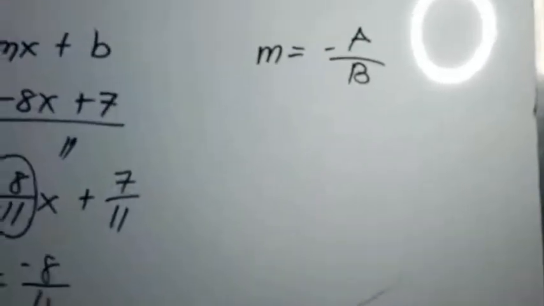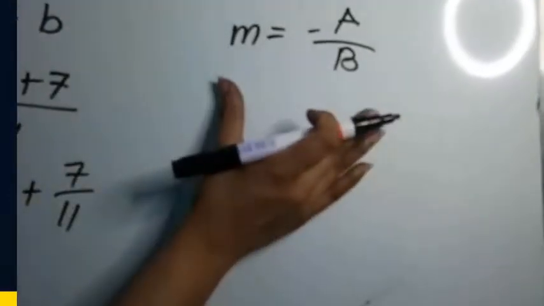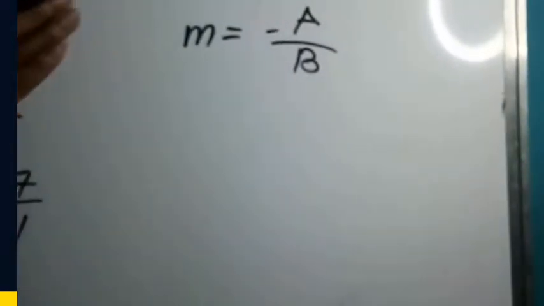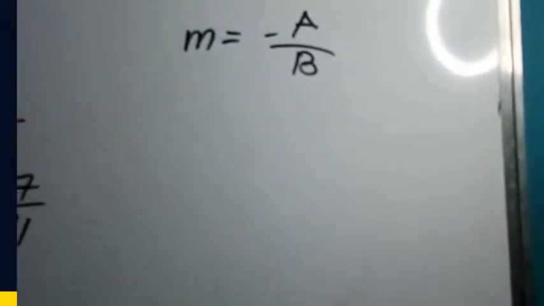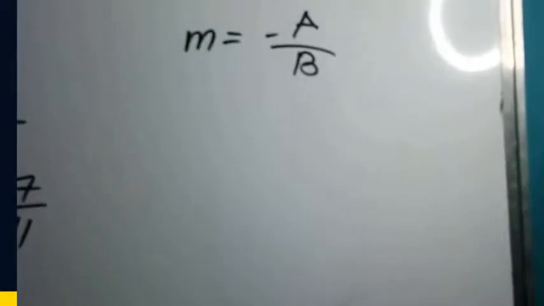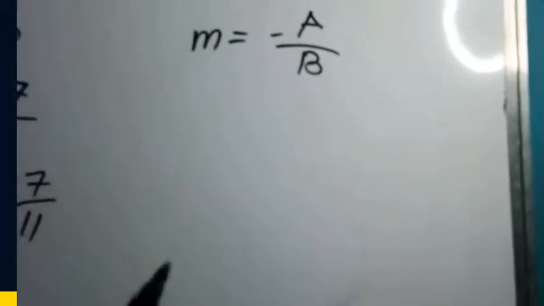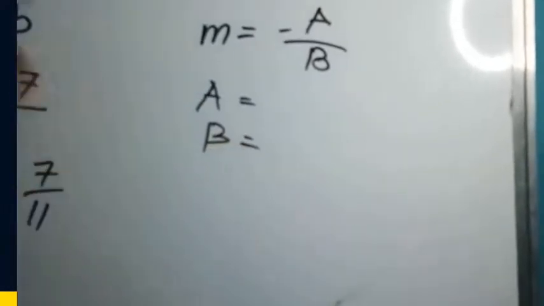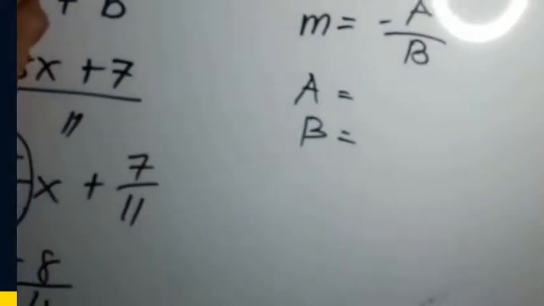Then another method: we have m is equal to negative a over b. The equation that we have is already in standard form, so just copy the value of a and the value of b. What is the value of a in the given equation?